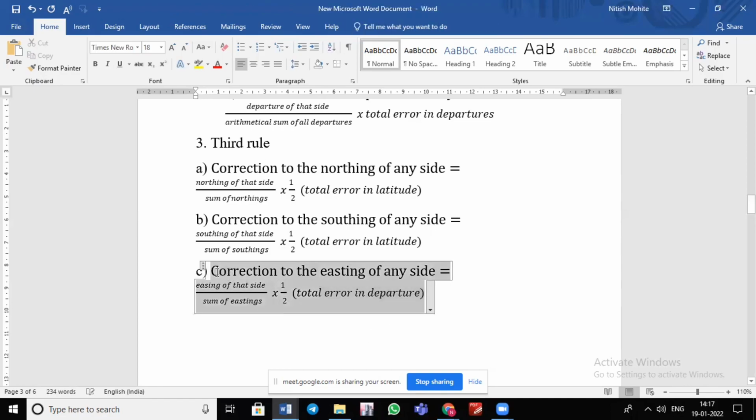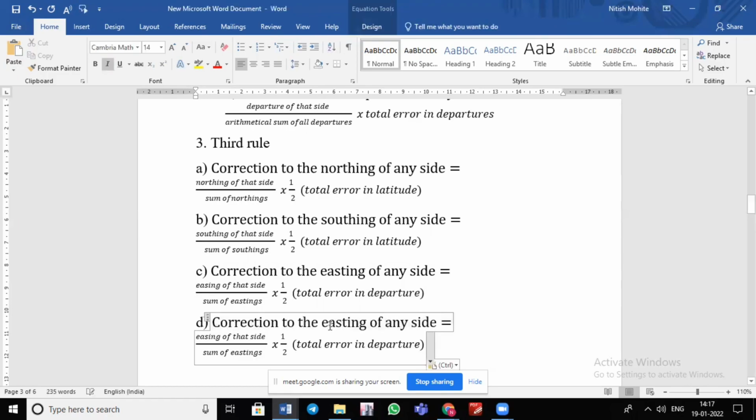And finally, the last formula, that is correction to westing. Sorry, here it should be westing, summation of westing into one half of total error in departure.